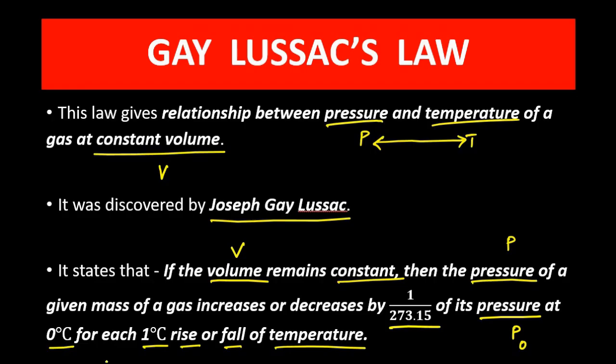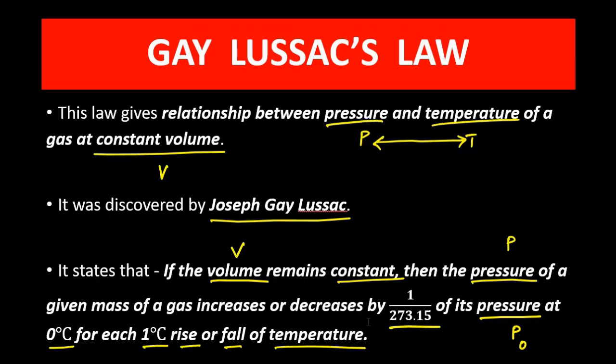Here we have the pressure at 0 degrees Celsius, which is P0. Volume is remaining constant. The pressure of a gas increases or decreases by 1 by 273.15 of the pressure at 0 degrees Celsius. Again, P0 is the important parameter, for every 1 degree Celsius rise or fall of temperature.